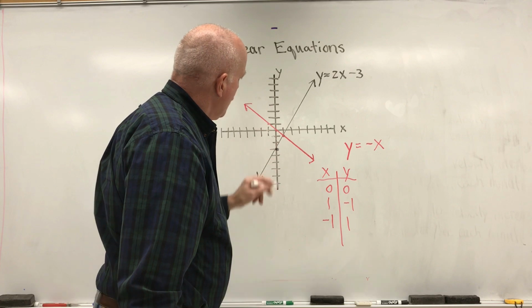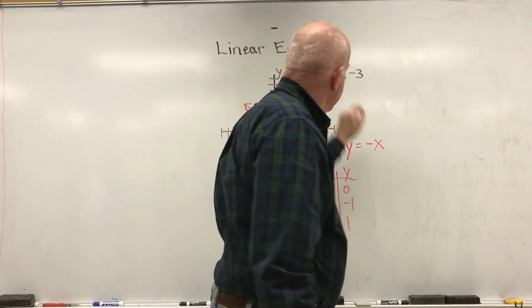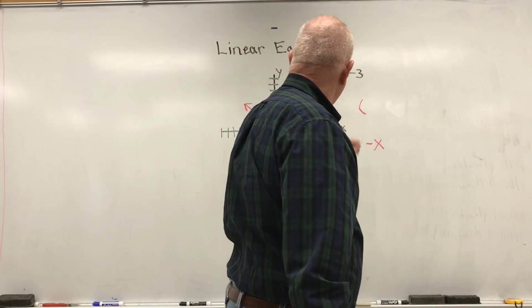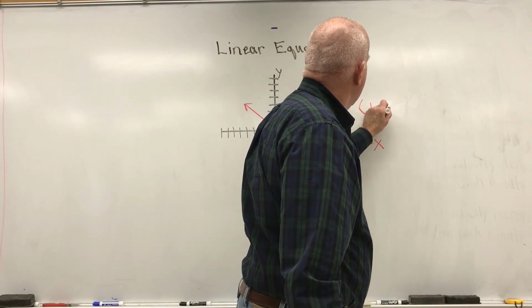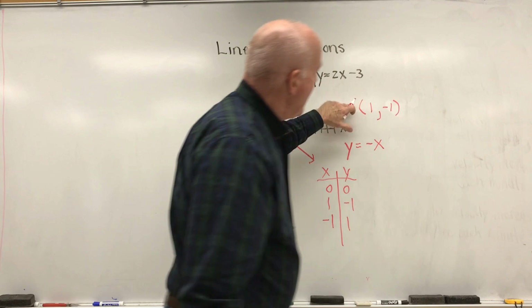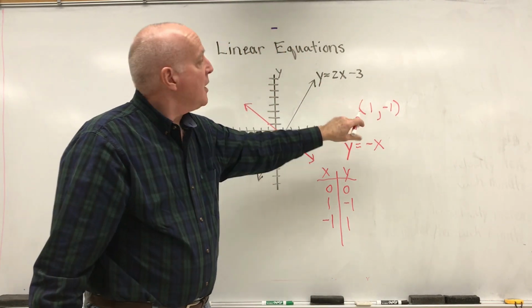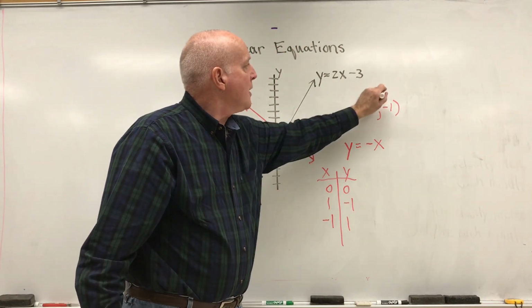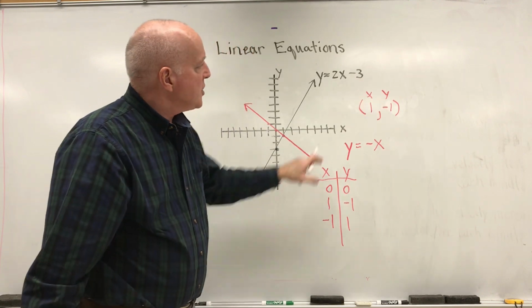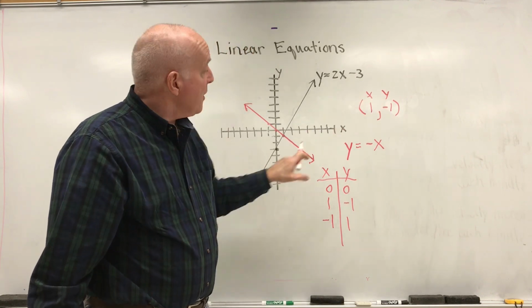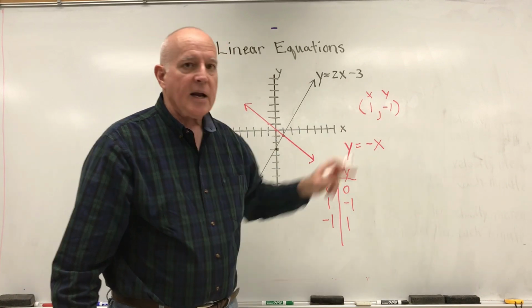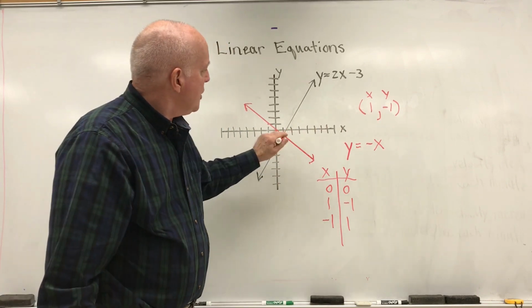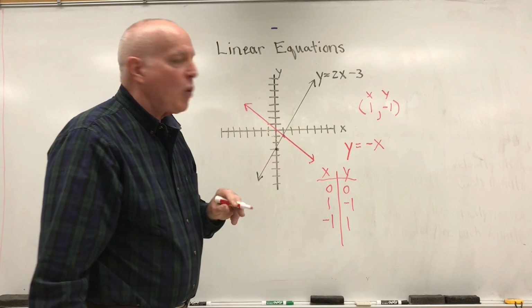And the solution point for this system of equations is at the point 1, negative 1. Whenever we have coordinate pairs of points, our x is on the left, our y is on the right. So if you're asked for this, at what point do they intersect, you would show 1, negative 1. And you could graph it by dropping a point on that line.